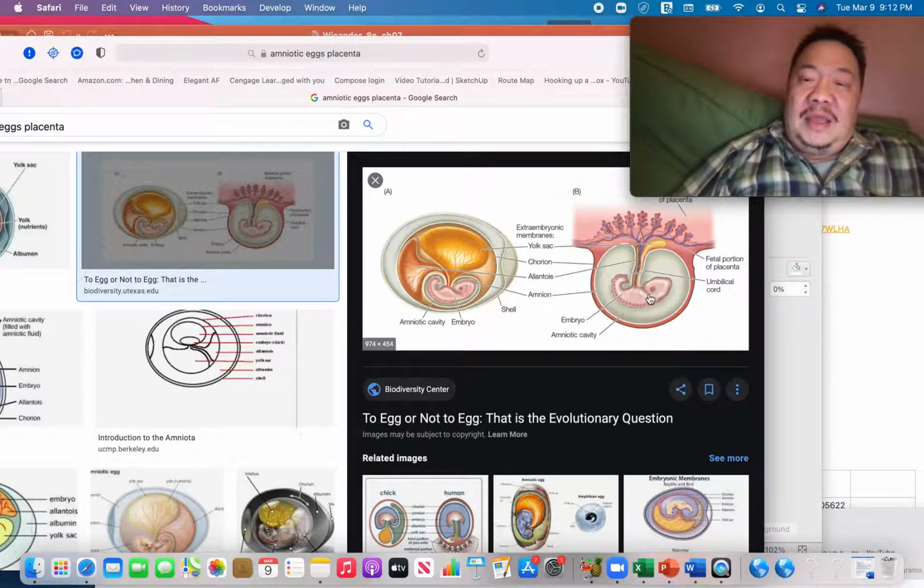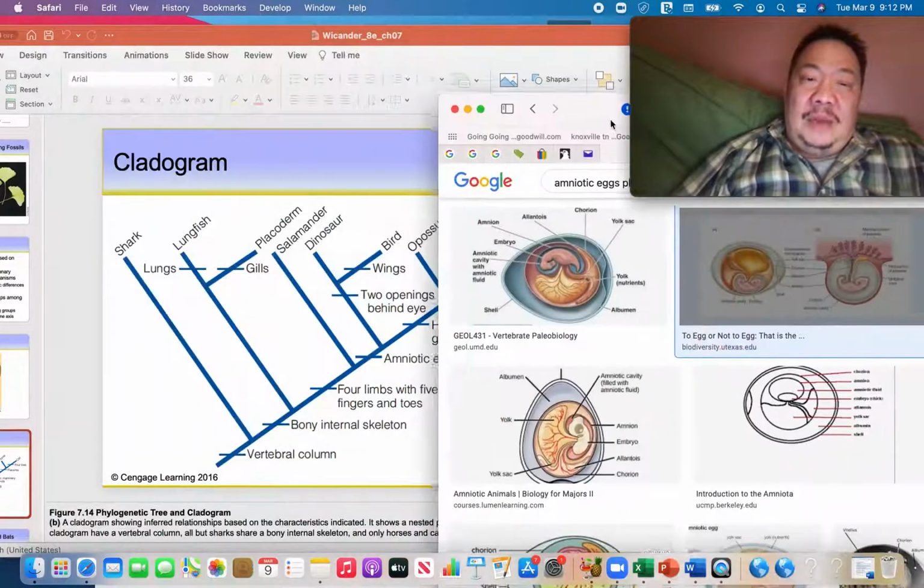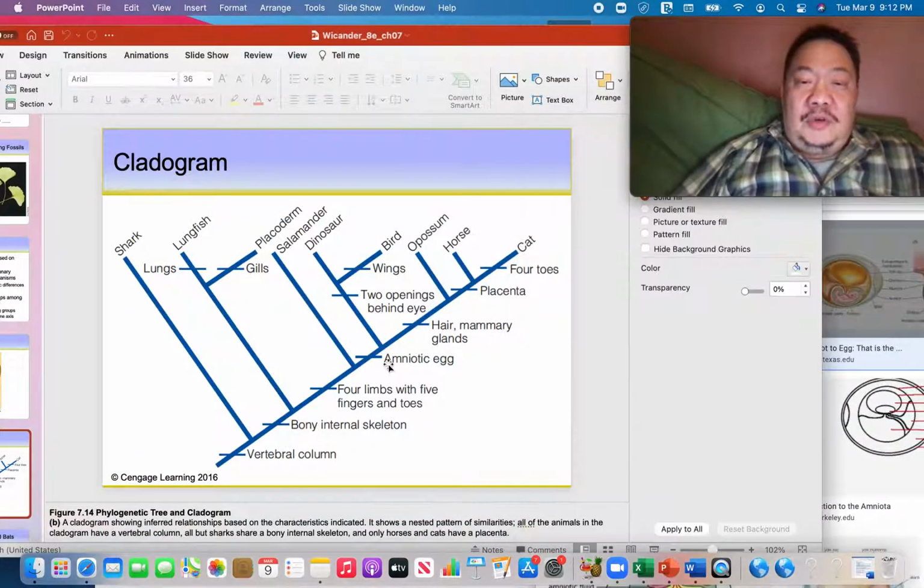All amniotic eggs have an embryo, a food source. For us it's a placenta, for others it's a yolk sac, and then an allantois, which is a waste sac. And it's like a life support unit separated from the mother's womb. So all of these creatures here grew up in an amniotic egg: dinosaurs, birds, opossums, horses, and cats.